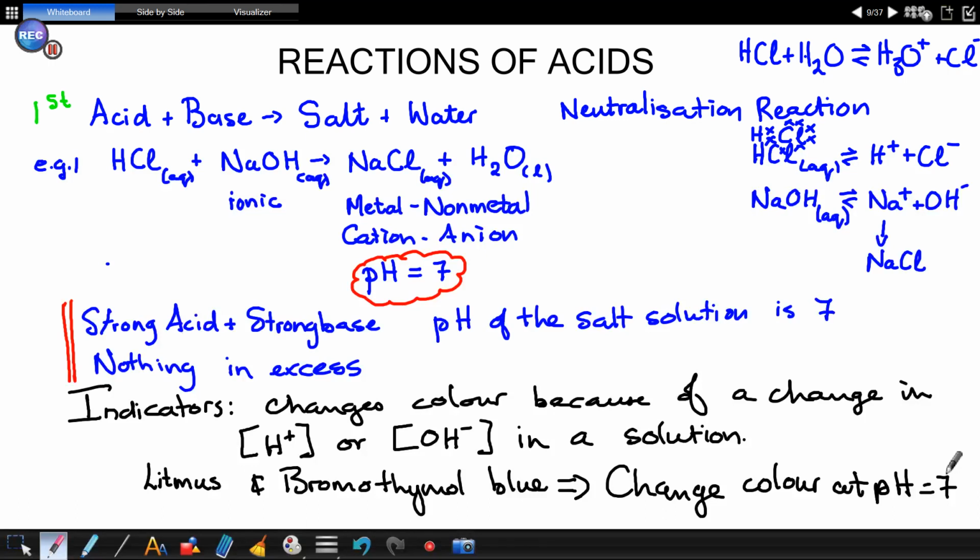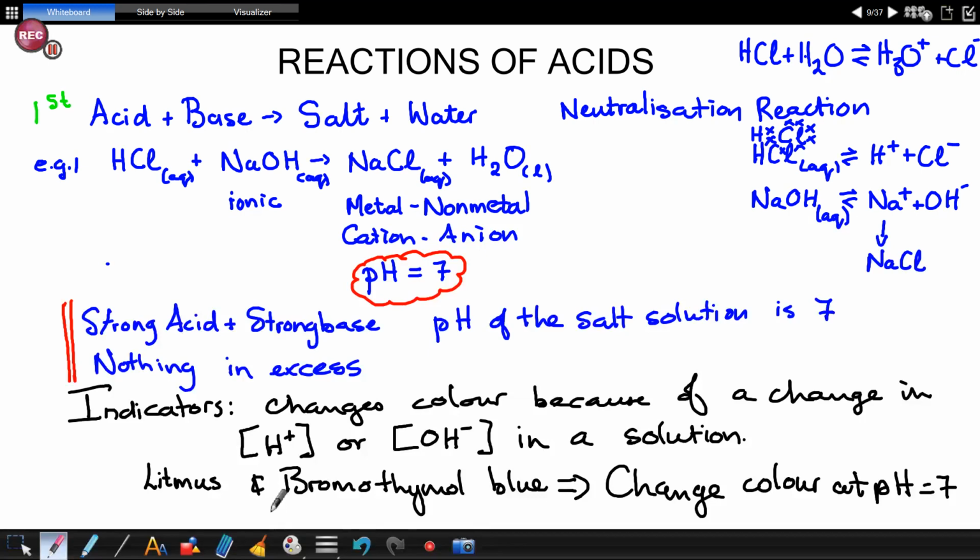Ma'am, why not just use a digital indicator? I wanted to buy one, but they're very expensive and they don't last long. In a neutralization where a strong acid is neutralized by a strong base, bromothymol blue is the more commonly used one. Litmus, I found after doing experiments with liquid litmus, takes some time for the color to change.